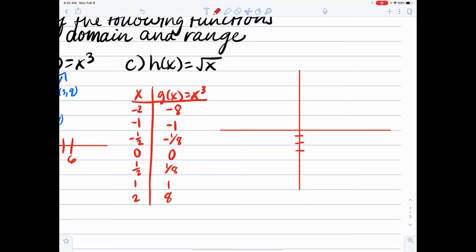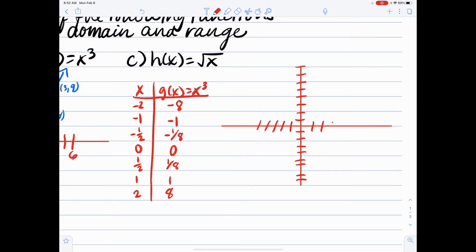Make sure your graph is neat. Okay, you can go ahead and plot those values and label them.